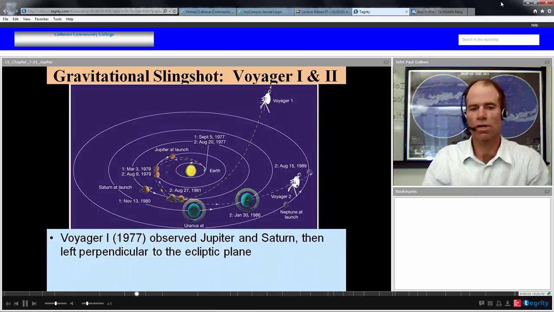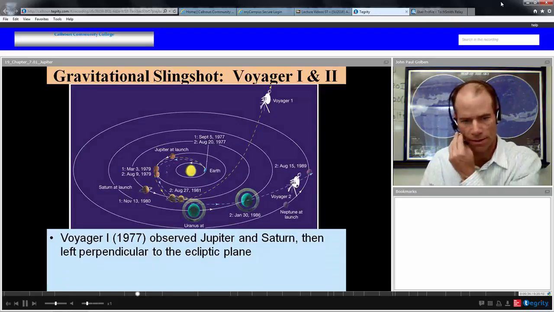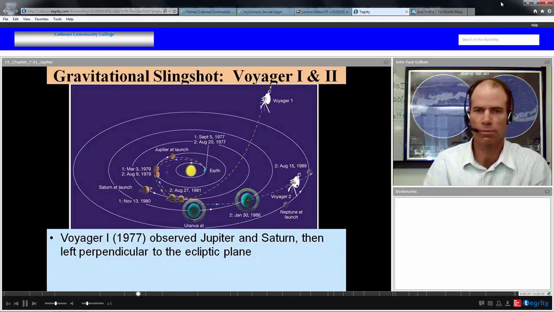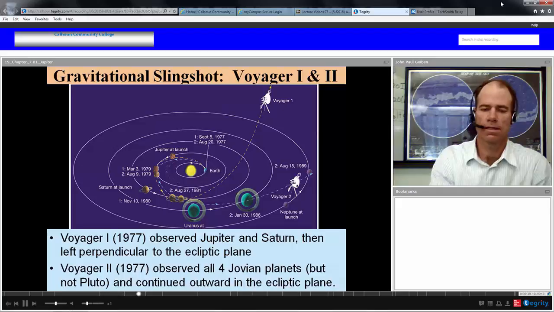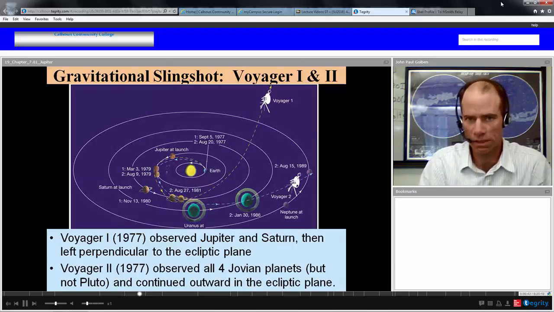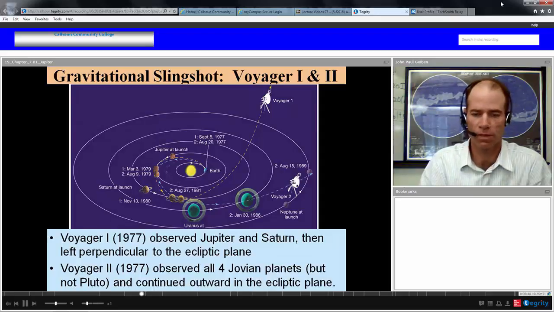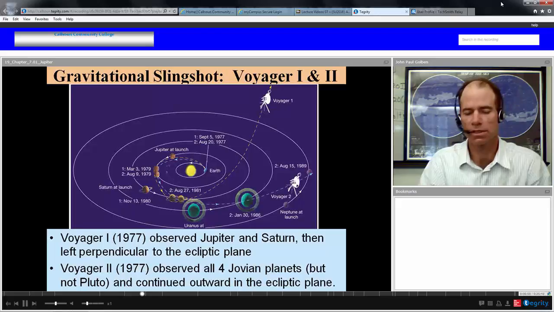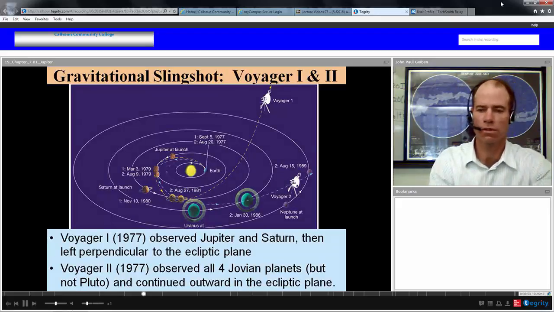So Voyager 1 observed Jupiter and Saturn, then left perpendicular to the ecliptic plane, and Voyager 2 was the only spacecraft to have visited all 4 Jovian planets, but not Pluto, and Pluto not being a planet anyway, but it did not go to see Pluto and continued outward in our ecliptic plane.